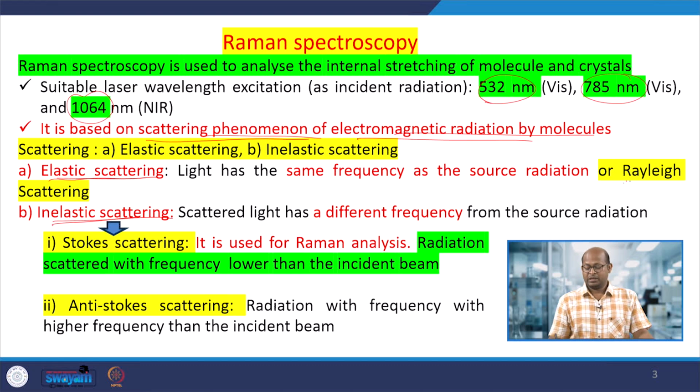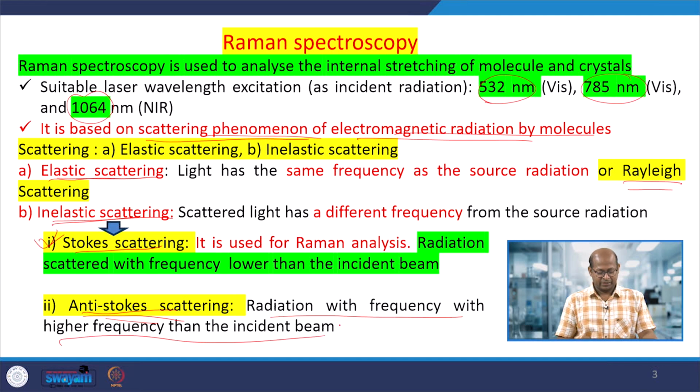Elastic scattering is called Rayleigh scattering, and inelastic scattering has two types, Stokes scattering or anti-Stokes scattering. When radiation is scattered with a frequency lower than the incident beam, it is called Stokes scattering, and in most cases in Raman spectroscopy Stokes scattering is used. The signals we get are much stronger than anti-Stokes scattering. In anti-Stokes scattering the radiation coming out from the sample has a higher frequency than the incident beam.